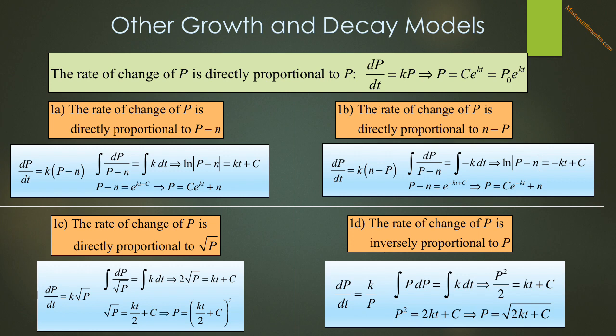Solving for P, we multiply both sides by 2, getting P squared equals 2kt plus c, realizing that 2c is still c, and therefore P is equal to the square root of 2kt plus c. So the statement, the rate of change of P is inversely proportional to P, gives growth based upon a square root.